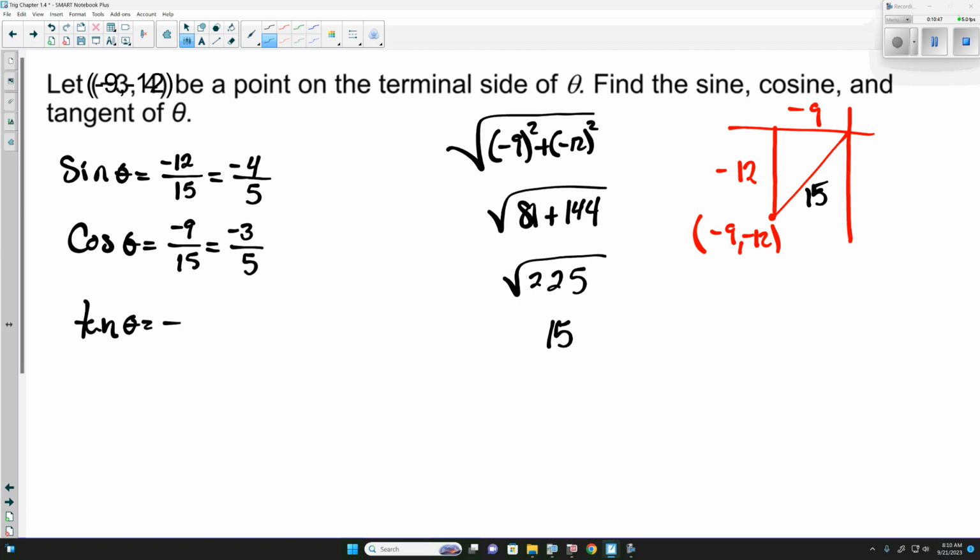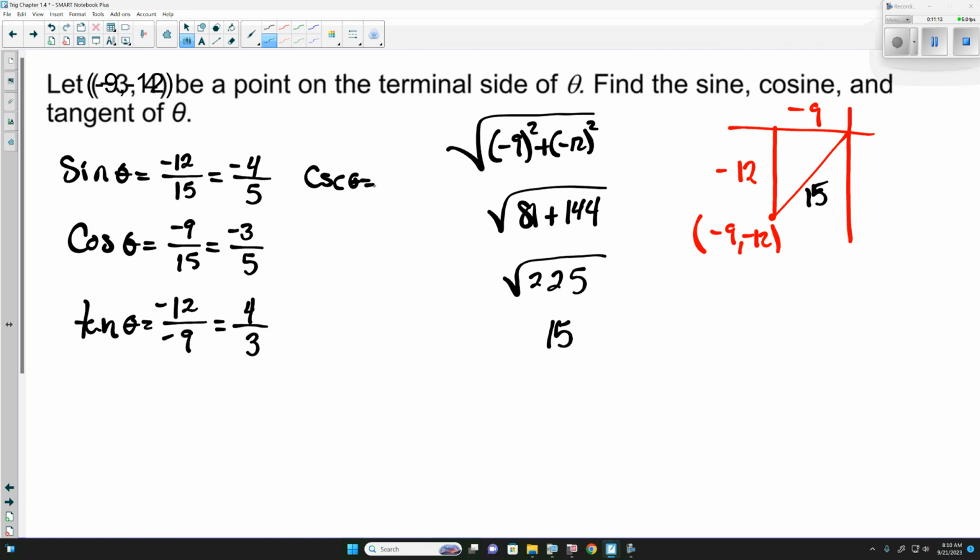And tangent of theta is -12 over -9. Now there is a common factor of 3, which would give us 4 on top, 3 on bottom, but the negative and negative make a positive. So it still lines up, because we were told in the third quadrant, sine and cosine are both negative and tangent is positive.